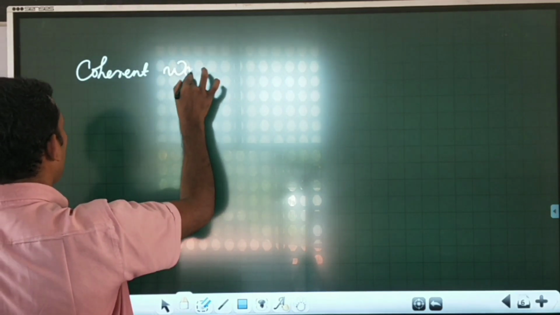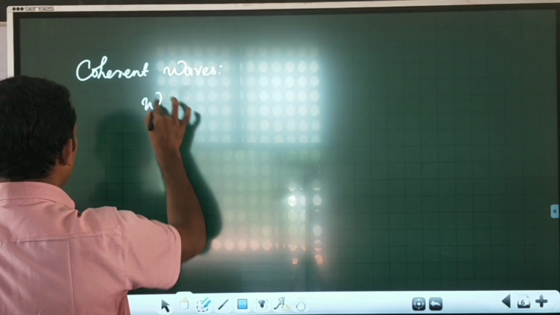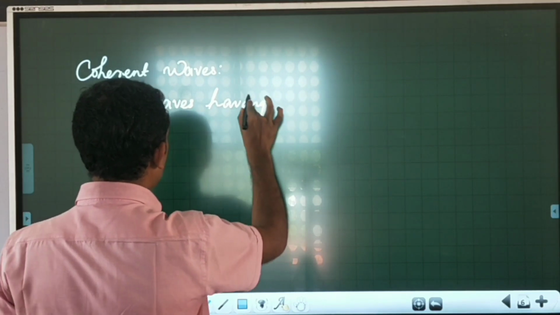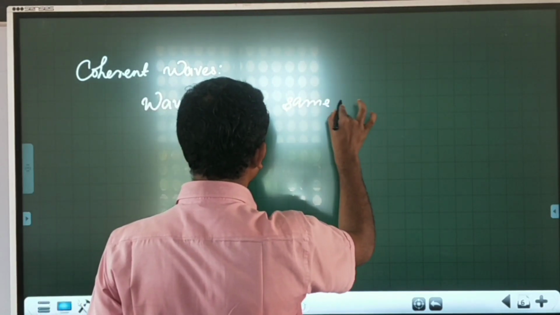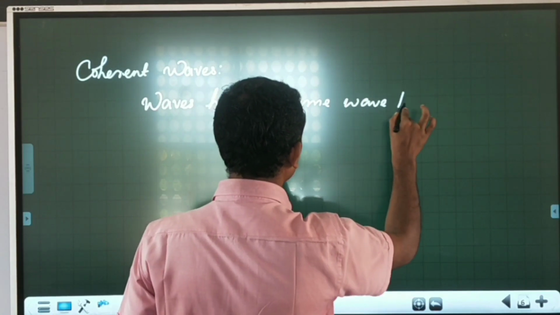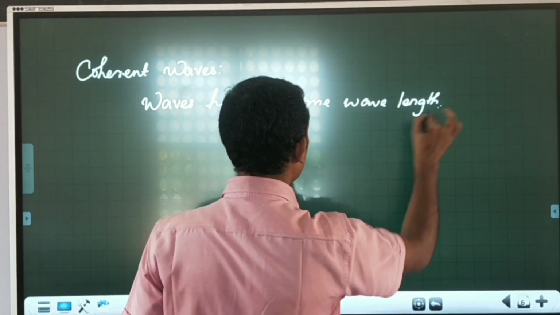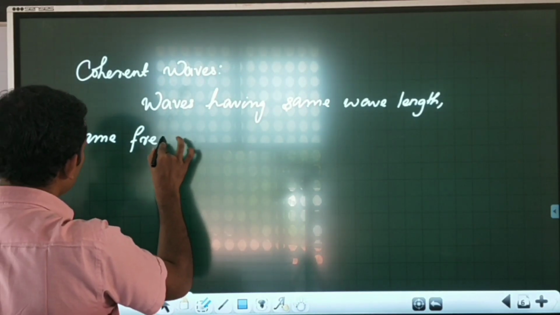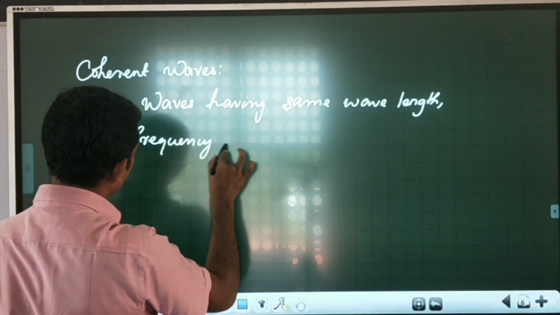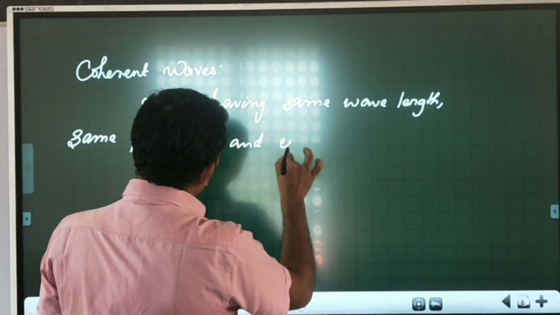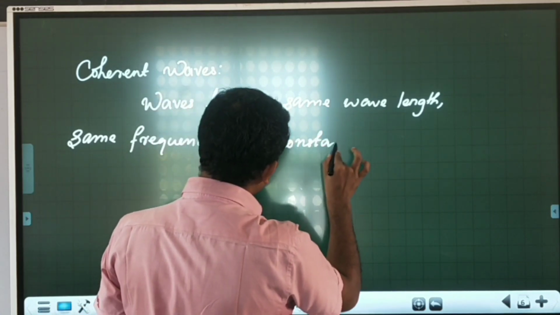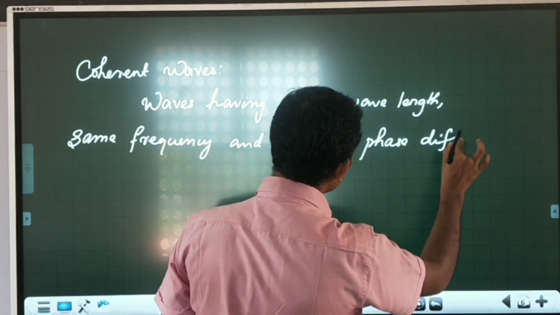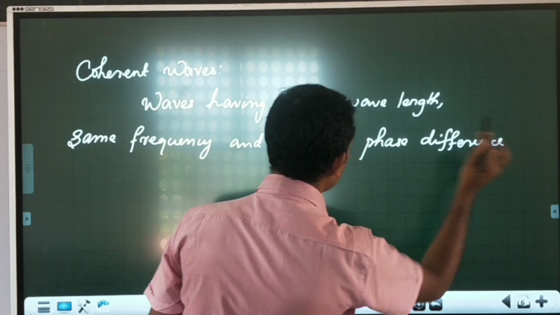We can define coherent waves as waves having the same wavelength, same frequency and constant phase difference between them.